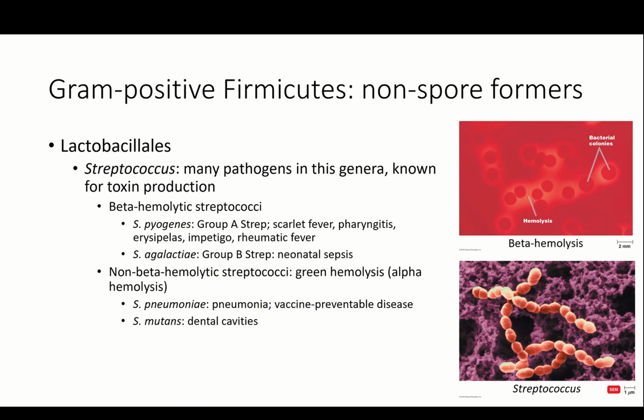The next group within the lactobacillus includes Streptococcus, which we talked about just a minute ago in the context of Clostridium difficile. There's many pathogens within this genera, and they're mostly known for their ability to produce certain toxins. And so we organize the Streptococci based on their ability to carry out what's called hemolysis, or lysing red blood cells.